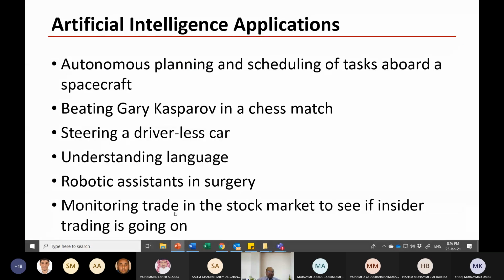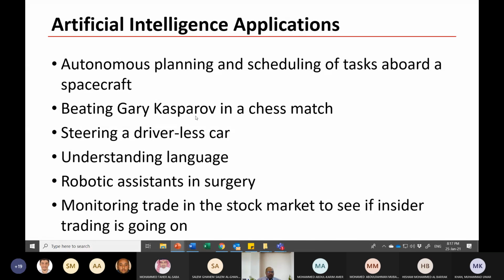Of course, you have a lot of different areas where you can find artificial intelligence take place there. Autonomous planning and scheduling of tasks aboard a spacecraft, beating Gary Kasparov in a chess match.